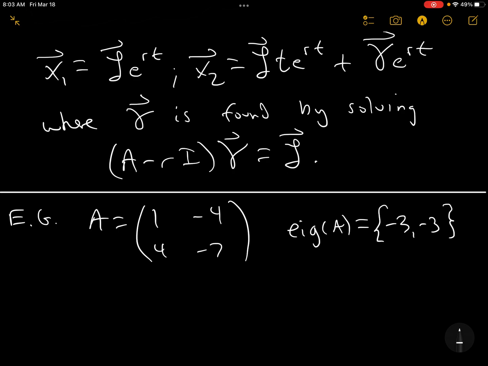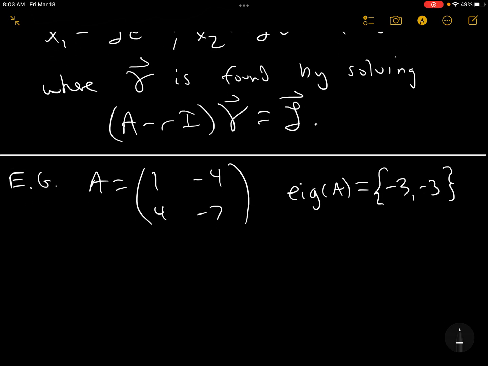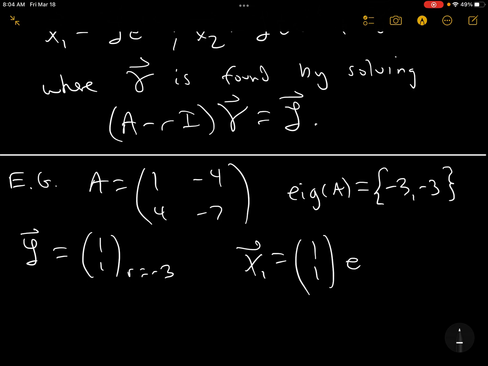I've already done the work. You get that from the characteristic equation, which is R squared plus 6R plus 9. And with a little bit of work, zeta, the eigenvector corresponding to minus 3, is 1, 1. So our first solution here is 1, 1 e to the minus 3t.